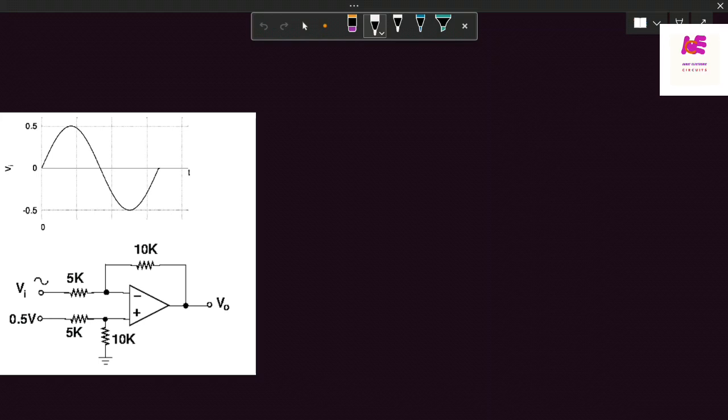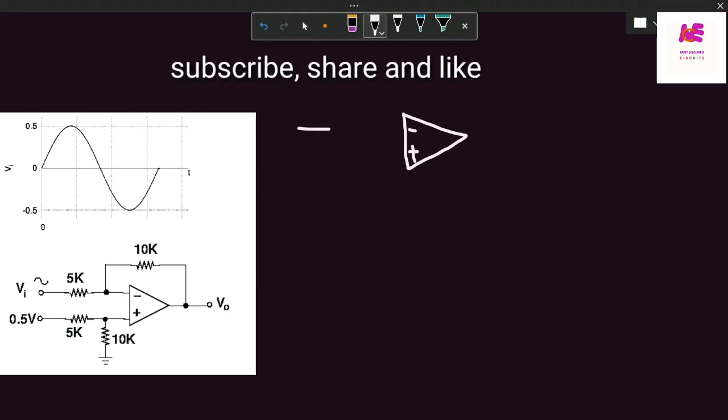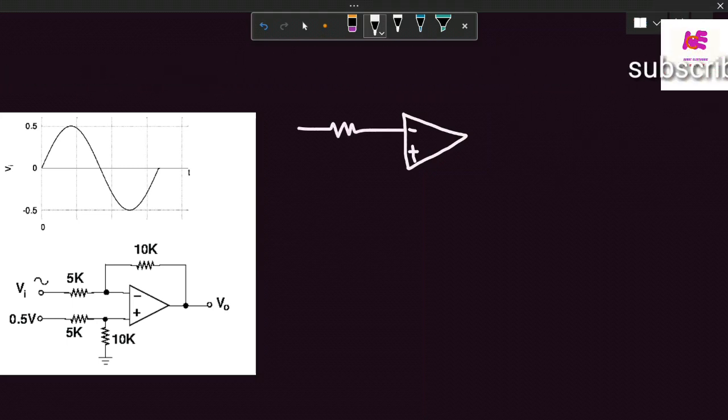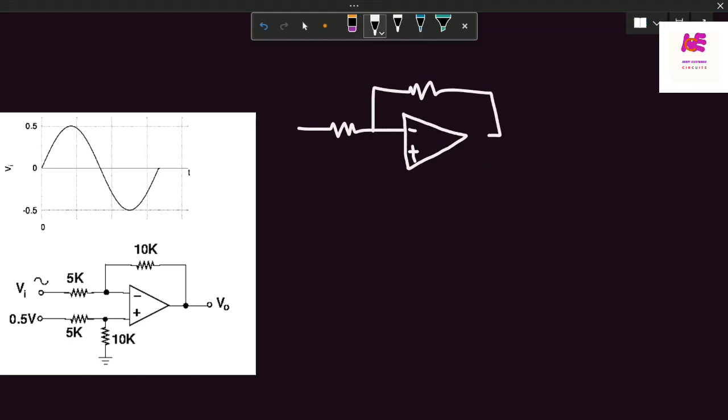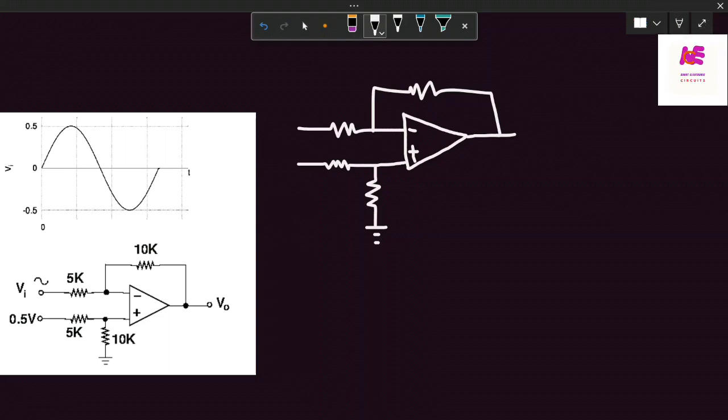So I'm drawing the same circuit here and labeling the resistances. Negative feedback is always used in amplifier applications. Here there are two resistances at the non-inverting terminal, so this circuit is also called a differential amplifier.